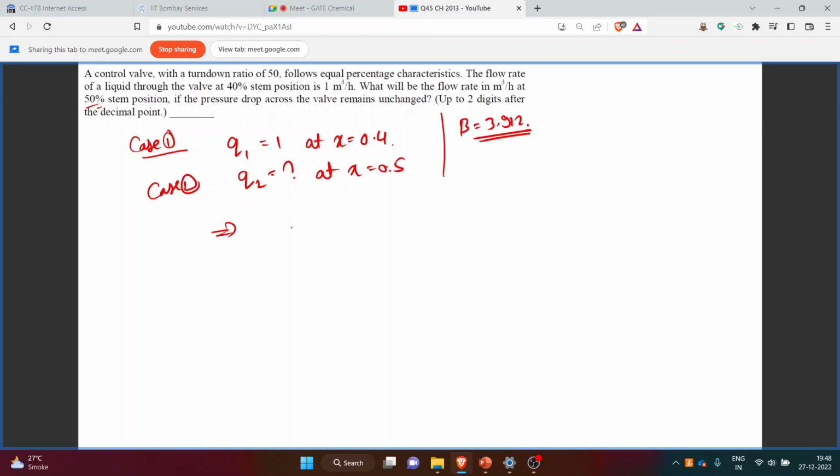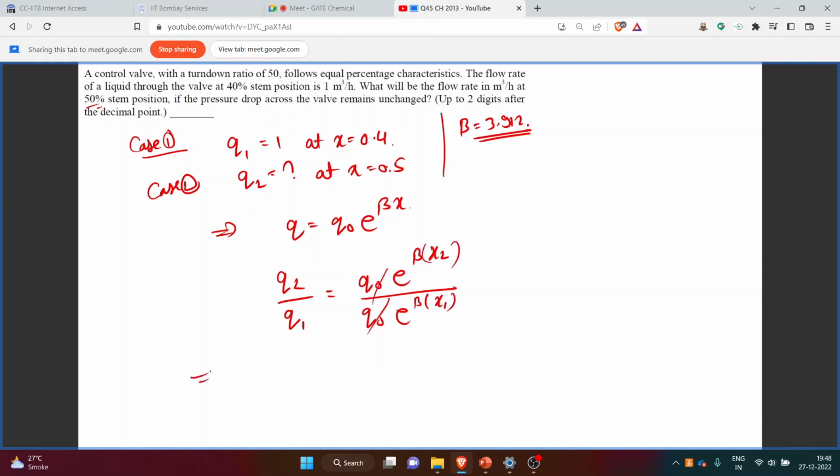Now we can straight away use this relation Q is equal to Q naught e raised to beta x. Using the information from case 2 and case 1, we can write Q2 upon Q1 is equal to Q naught e raised to beta x2 upon Q naught e raised to beta x1. So Q naught will get cancelled out, and we will have Q2 is equal to Q1 e raised to beta times x2 minus x1.